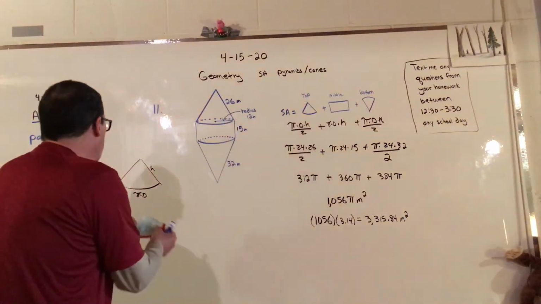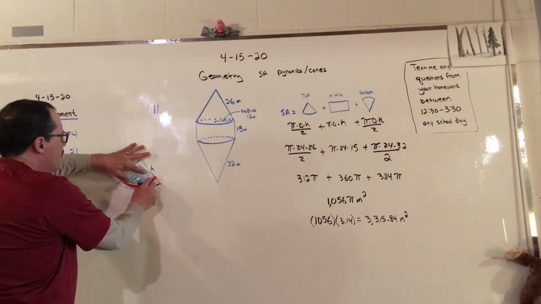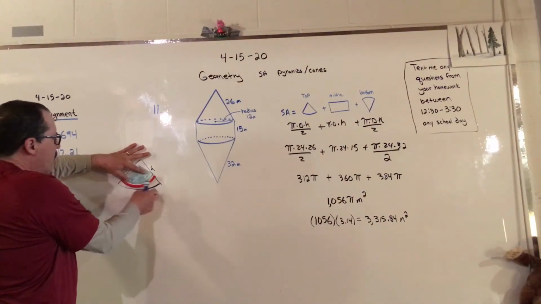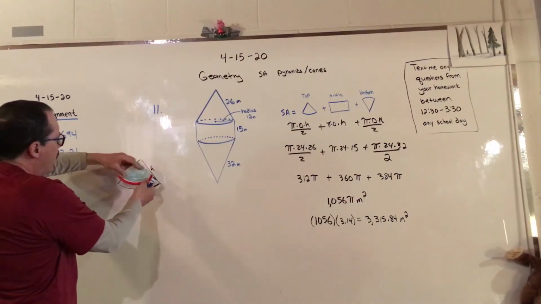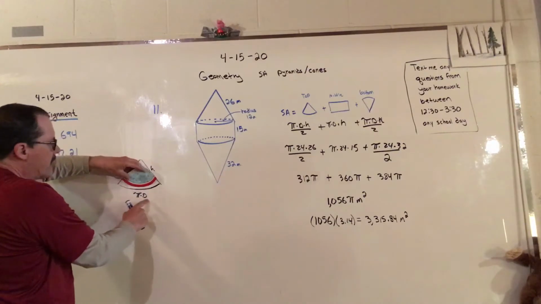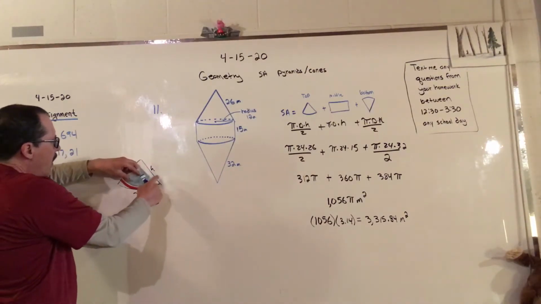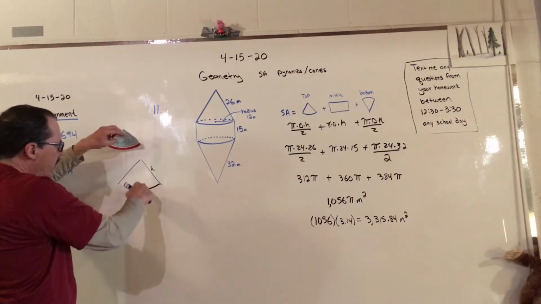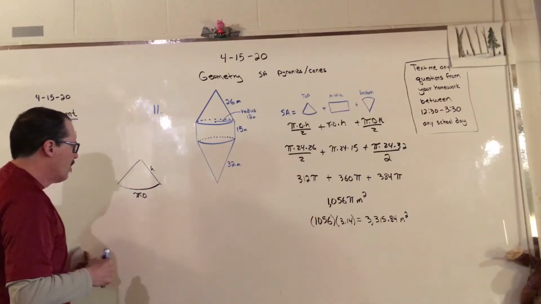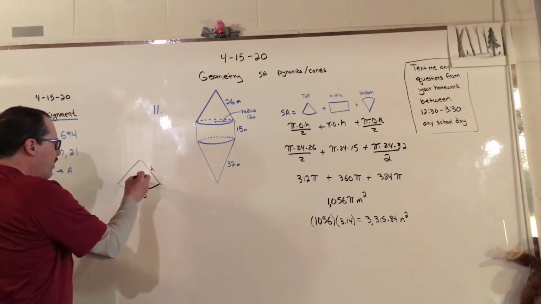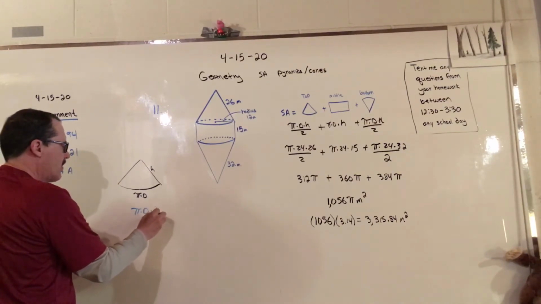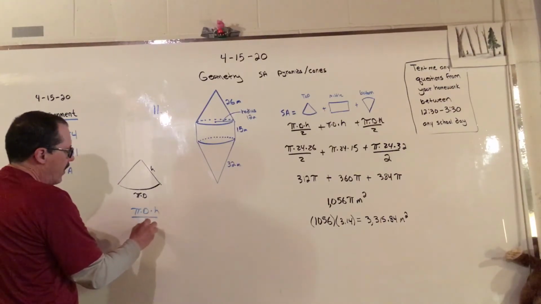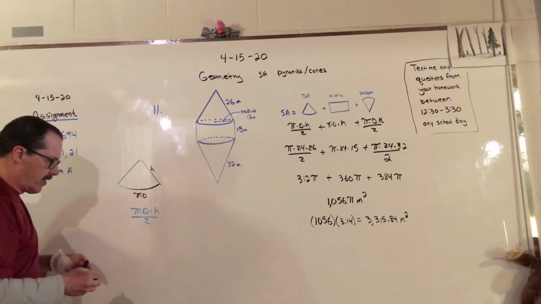In fact, if I put it right here, it kind of fits in here a little bit. You'll notice the bottom of that was the circle of George's hat. And so that's why it's pi times d, because circumference is pi times d. And then there's our slant height here, which is really close to the true height anyway. So when you do the area for this, you're going to do pi times d times the slant height, and then divide by 2. You divide by 2 because it's a triangle.